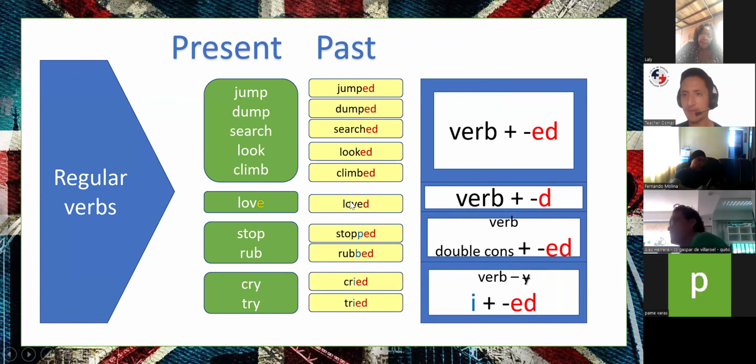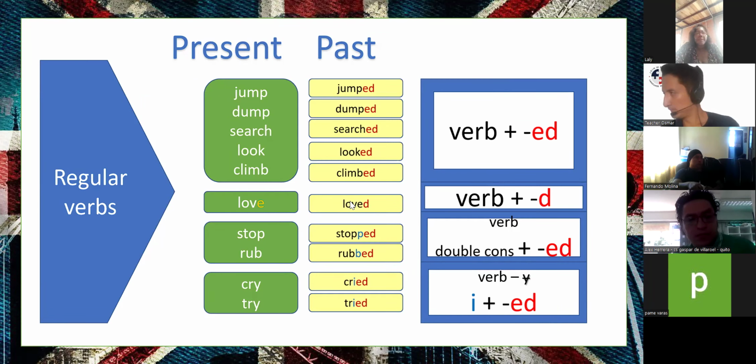Do you remember, Lali, what is the difference between a regular and an irregular verb? A ver, del presente y el pasado de los verbos irregulares. Y en el pasado. Excellent.